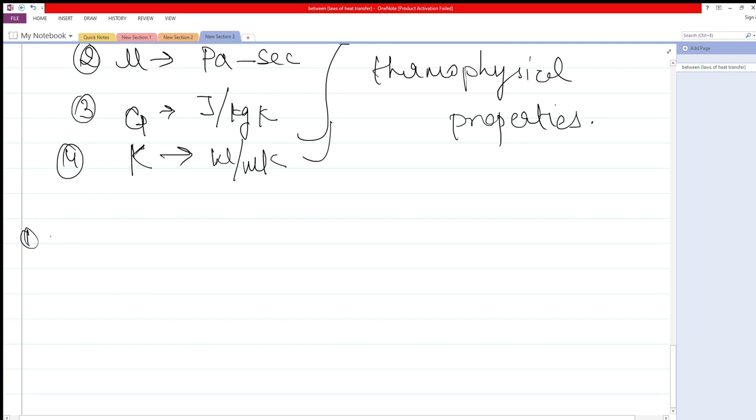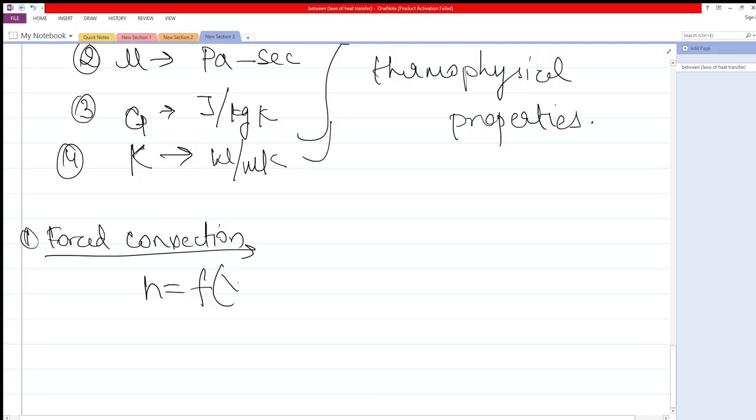If it is a forced convection, the coefficient will depend upon the velocity of the fluid, characteristic dimension of the surface D, density, dynamic viscosity, Cp, and k. These are the six factors on which the convective heat transfer coefficient will depend.